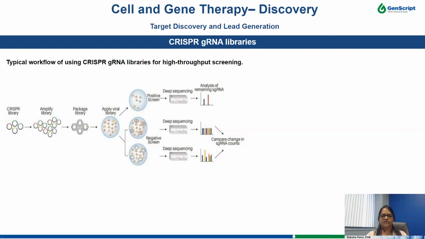To construct the CRISPR gRNA library, gRNAs are typically cloned into a lentivirus vector for transduction into the host cell, and after cloning, the library is amplified and packaged into viruses and transduced into the host cell to generate mutant cell clones. The mutants can then be screened under specific conditions, such as positive or negative selection, to identify important genes in the pathway.